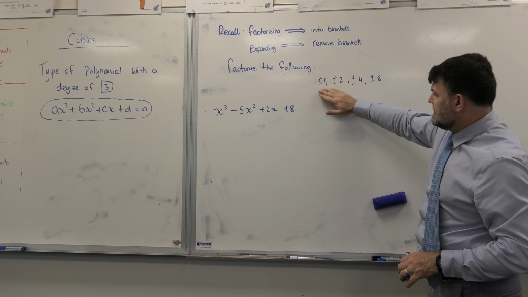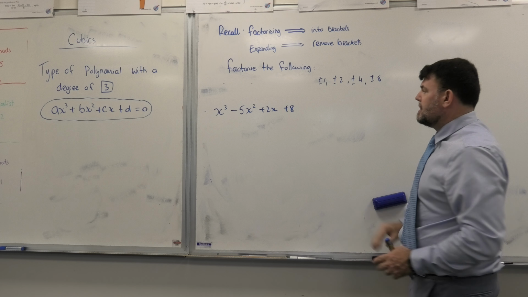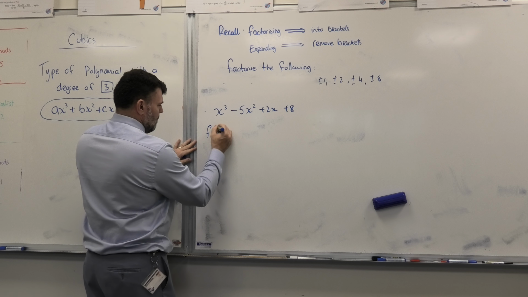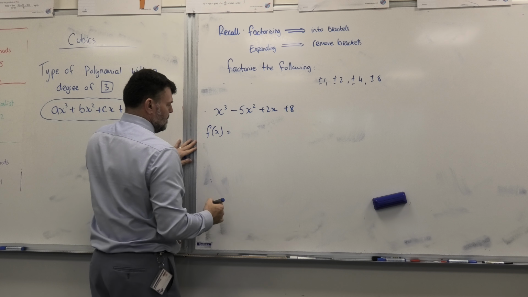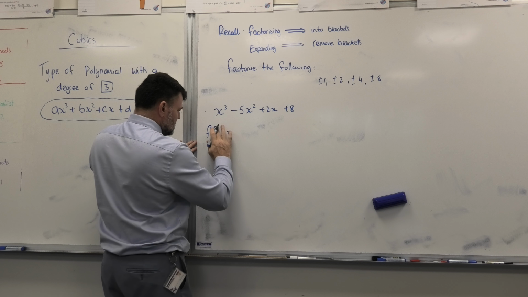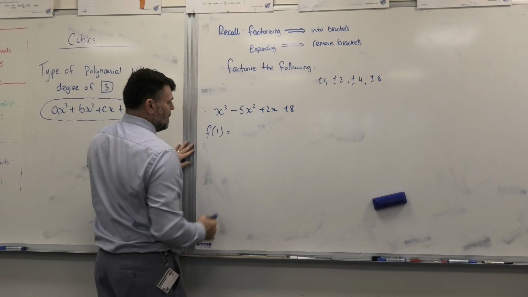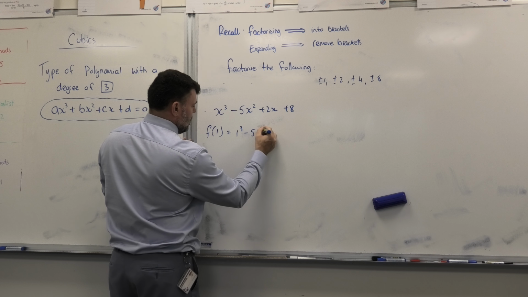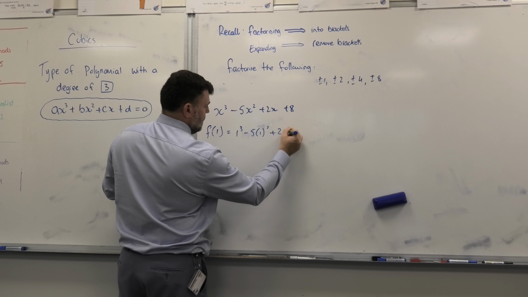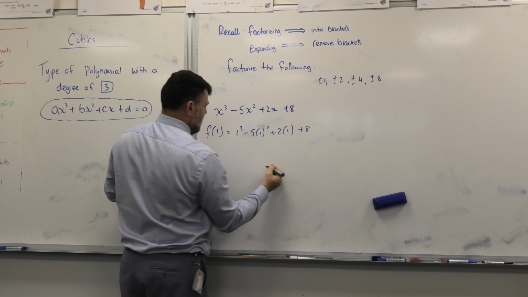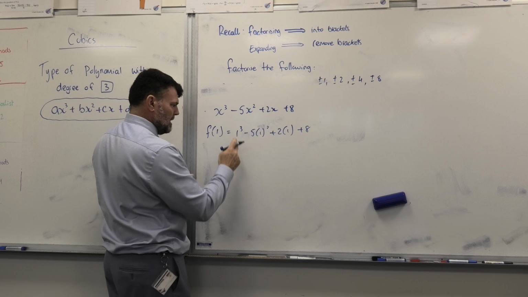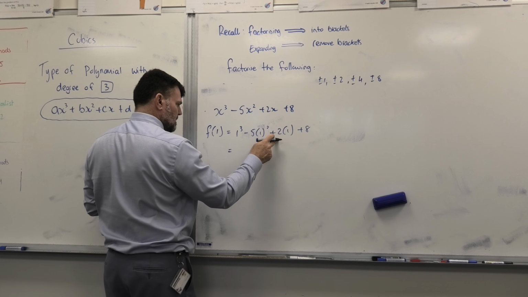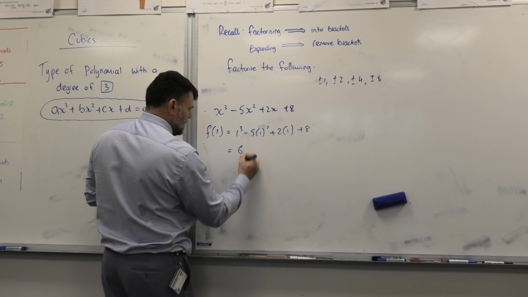So I'm taking a possible zero and asking, would that number be a zero when I plug it in? Let's call this here f of x. I'm going to plug 1 in and see if I get the answer of 0. So 1 cubed minus 5 times 1 squared plus 2 times 1 plus 8. 1 take away 5 is negative 4, plus 2 is negative 2, plus 8 is 6.